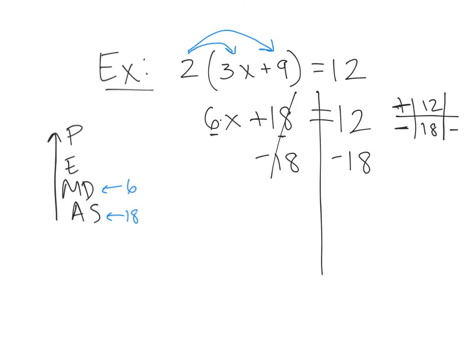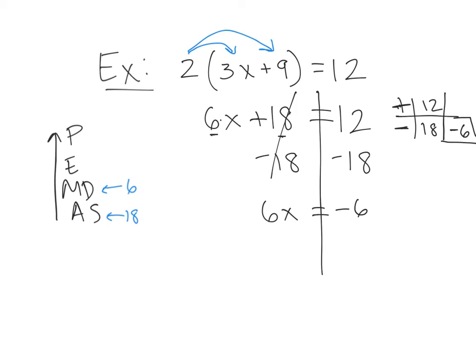And in this case, there's more negatives, so my answer is going to be negative. And then how many more? So in this case, 18 is 6 more than 12. So I have 6 more negatives than positives. So my answer is going to be a negative 6. 12 subtract 18 makes negative 6. On the left-hand side, plus 18 and minus 18 are inverses, so they cancel, and I'm left with just 6x.